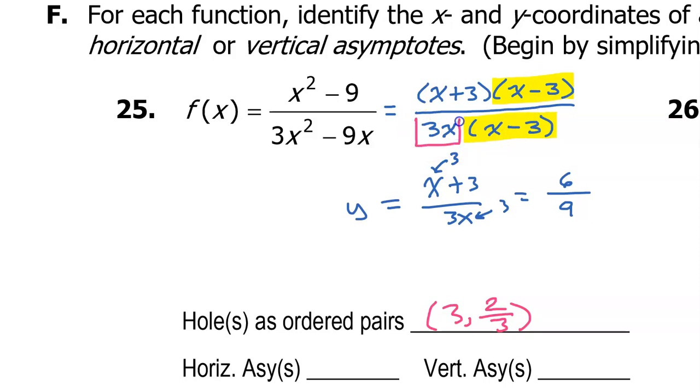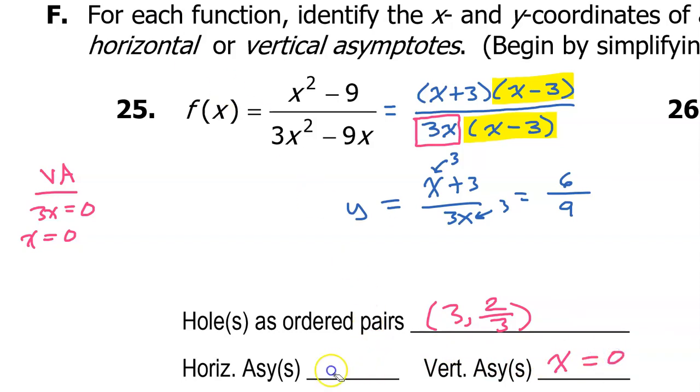But the 3x will give us a vertical asymptote. All right, so I will get my vertical asymptote by setting the denominator equal to 0. So if I take 3x and I set that equal to 0, then I get x equals 0. That is my vertical asymptote. So x equals 0. Whoops, I wrote it in the wrong place, didn't I? So x is equal to 0.